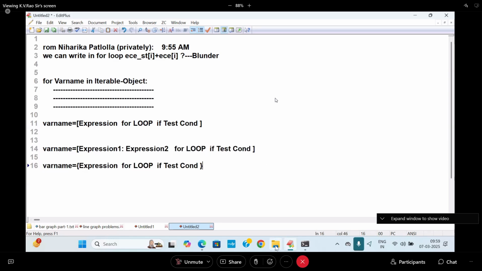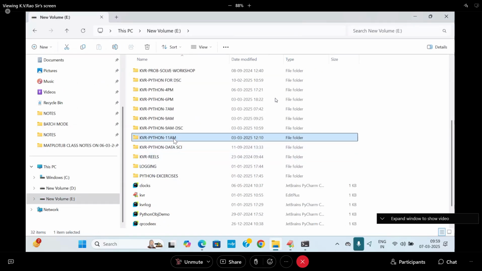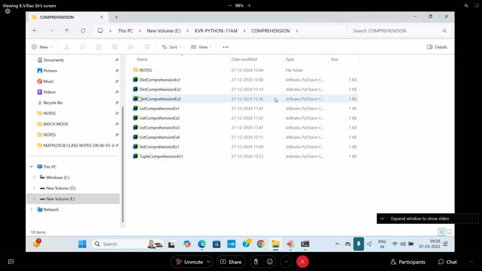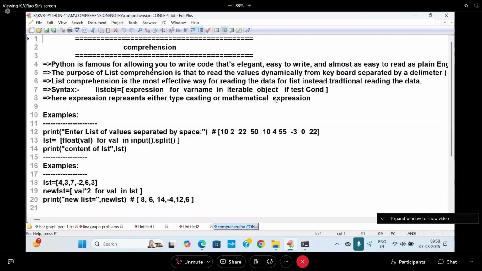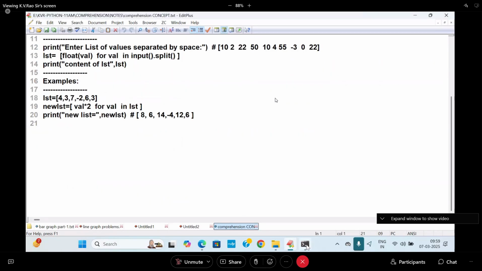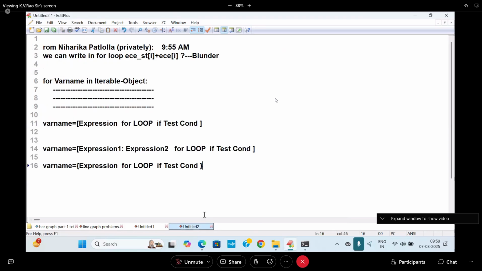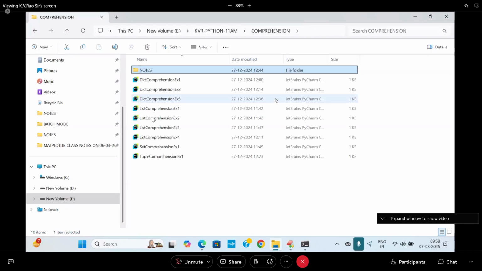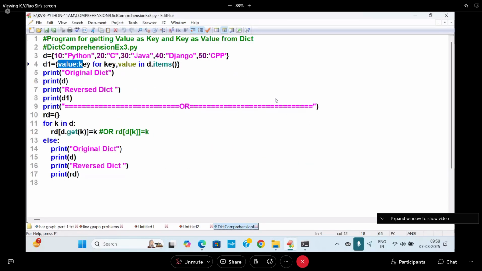This concept we already covered very perfectly in our sessions. Comprehension techniques, so many examples, set, tuple, dict comprehensions. Here this is a key value pair, dict comprehension, for loop is there, and key comma value pair, expression 1 colon expression 2.